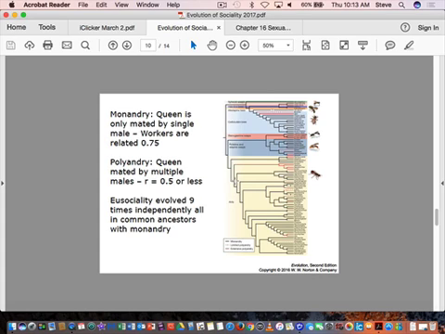The key thing I want to point out here is that eusociality is not just the bees, but includes the wasps, the ants, and all the other hymenopterans. The key thing here is that monandry tends to be the ancestral condition, that is where a queen is mated by a single male, but you often have eusociality evolved. Previously I showed in bees it was 3 times.